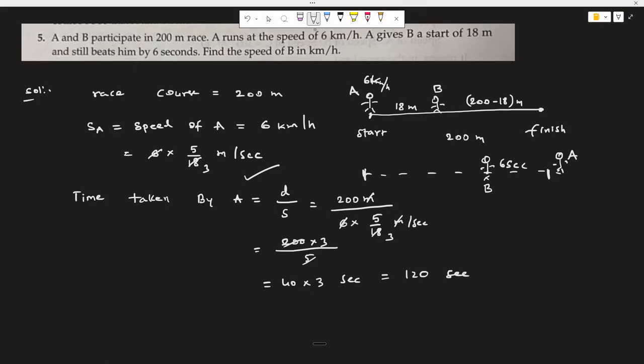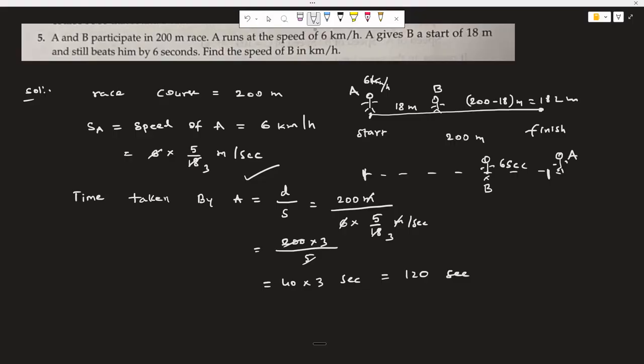Now, A is still the winner. A gives B a start of 18 meters, and still beats him, B, by 6 seconds. That means B covers a distance of 200 minus 18, that is 182 meters.